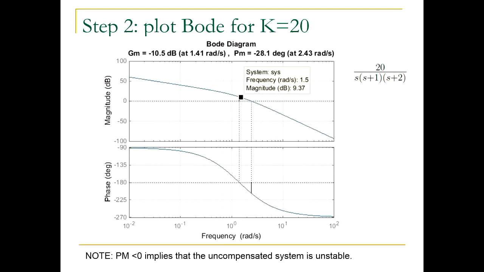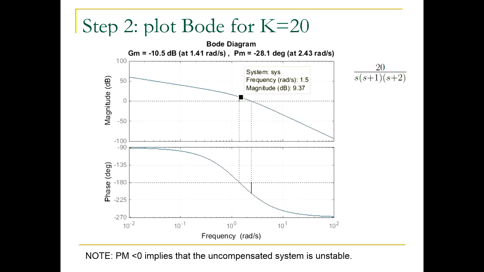At phase minus 180 degrees, the gain is larger than 1, because positive gain in decibels means the gain is larger than 1, which means we encircle the critical point. And since the system is open loop stable, that is telling us that the closed loop system would be unstable.